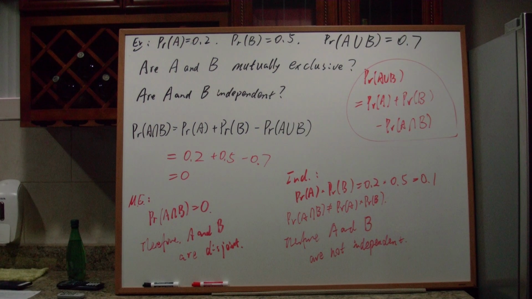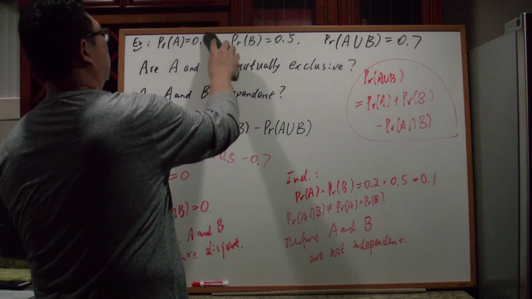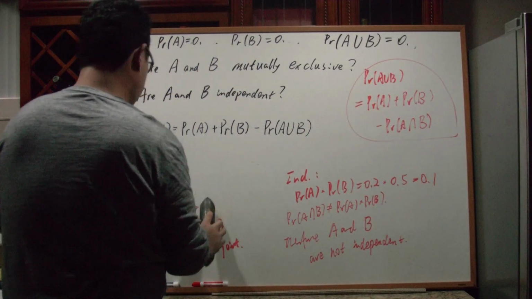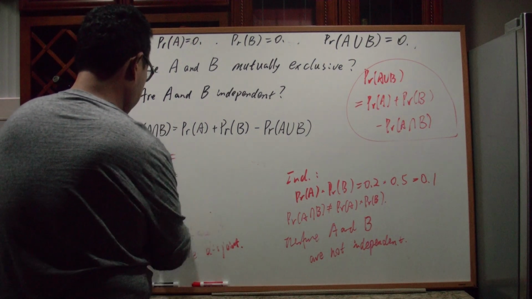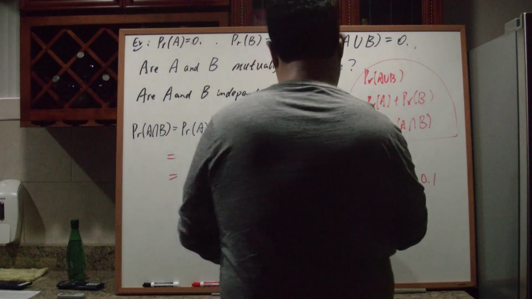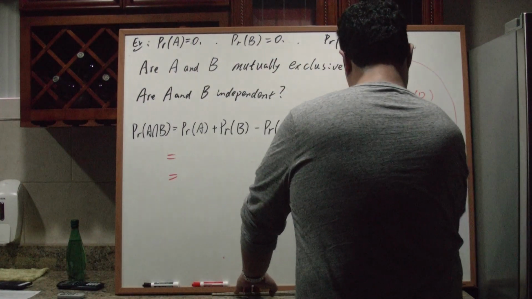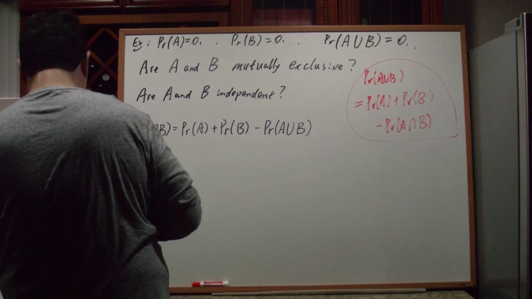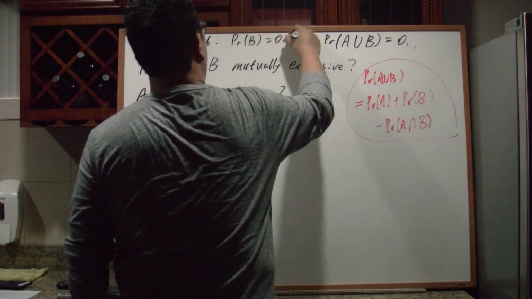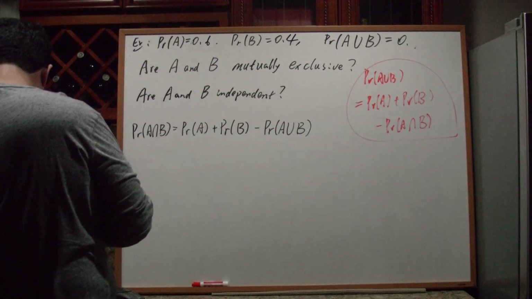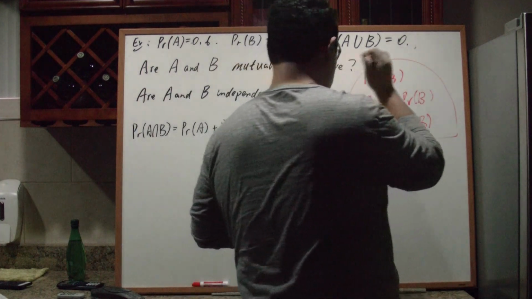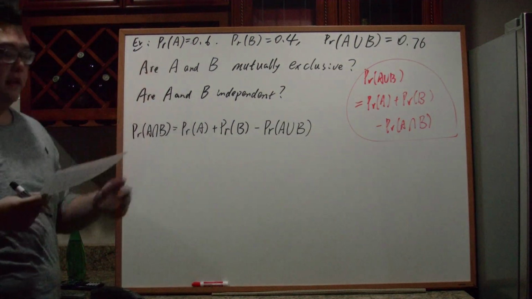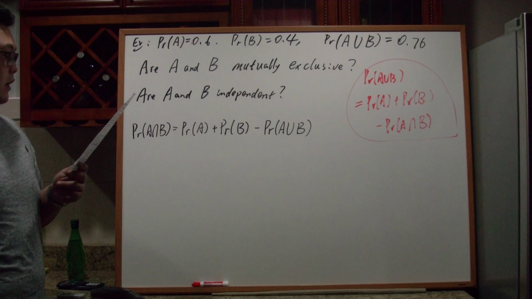Regarding the next question, we can see a similar thing. The probability of A is 0.6, probability of B is 0.4.